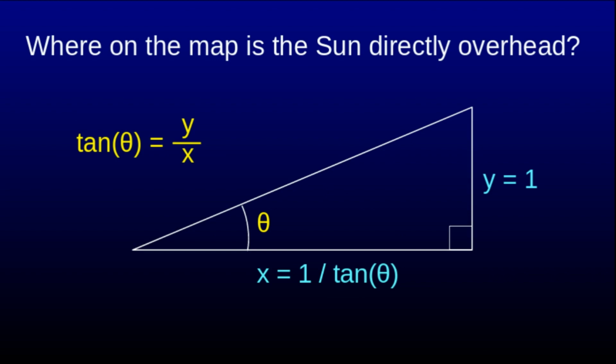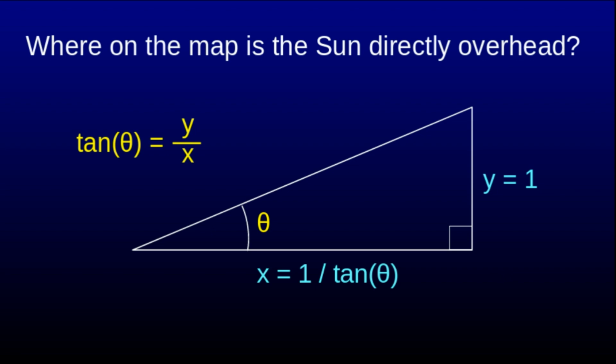In this method, we're going to have to try to locate the position on our map where our sun is directly overhead. Not the real sun, but the scaled version of the sun and the world on our map, because our map is a scaled representation of the real world, isn't it? So we're going to try to locate the position on our map where our scaled sun is directly overhead.